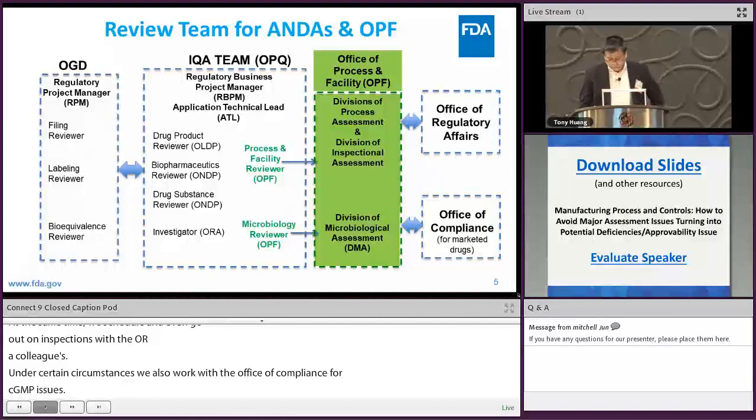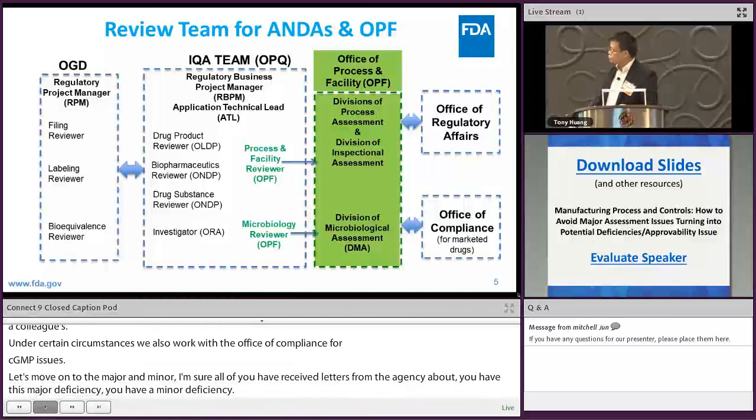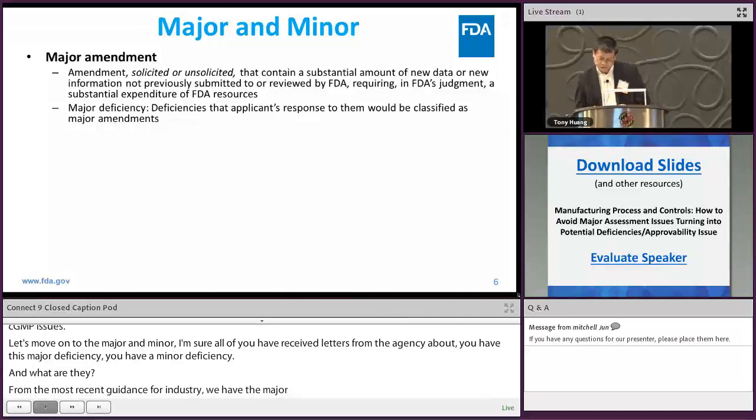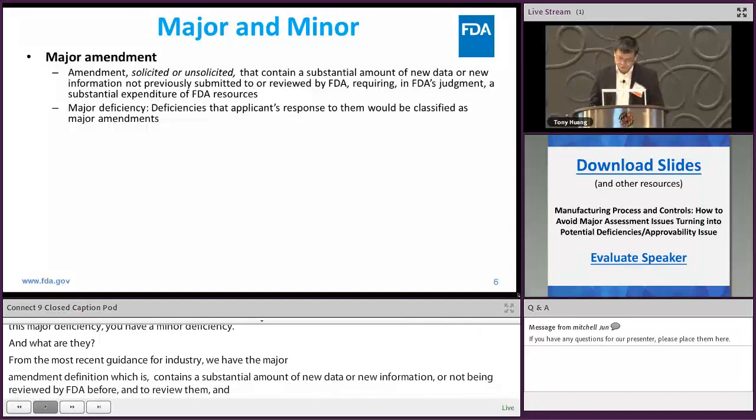From the most recent guidance for industry, we have the major amendment definition, which is a solicited or unsolicited amendment that contains a substantial amount of new data or new information that has not been reviewed by FDA before, and to review them, in FDA's judgment, will require substantial expenditure of FDA resources.